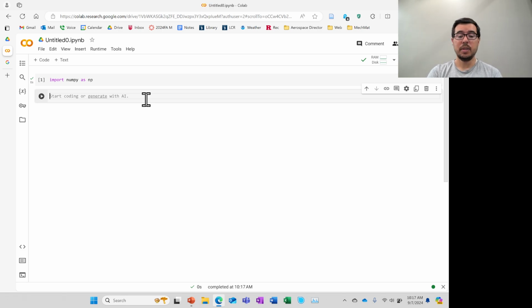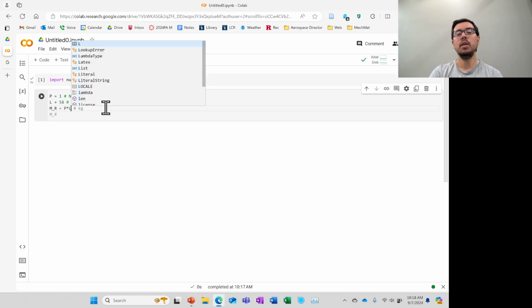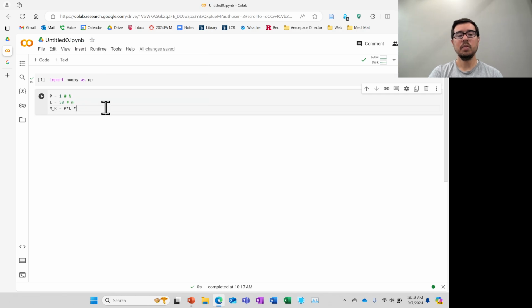We said that P was equal to 1 newton, and we said that our length was equal to 58 meters. And of course, Python is not keeping track of these units for us. Mr was going to be equal to P times L. I'll show you a couple of different ways. This will then be in units of newton meters, and we can do a print.